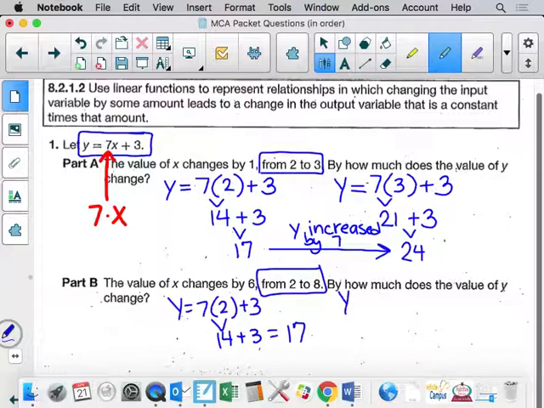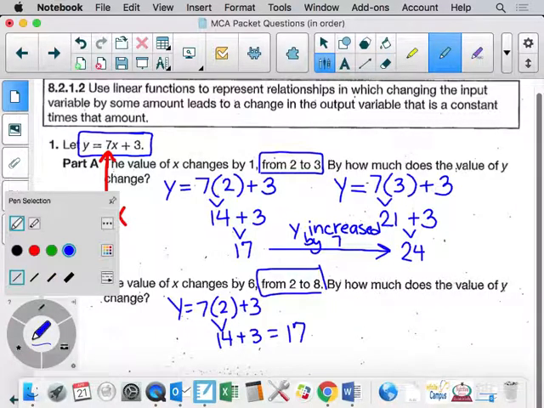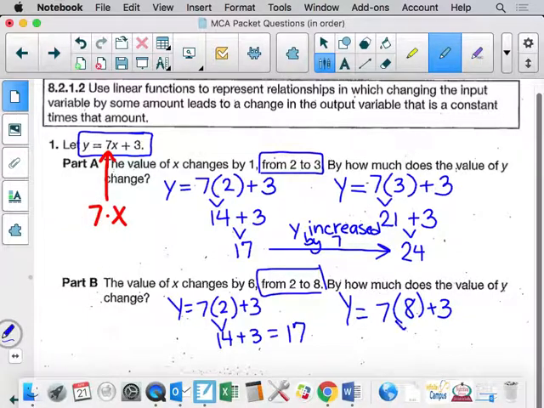Now they want us to change x to 8. So y equals 7 times 8 plus 3. So that would be 56 plus 3, which is 59.